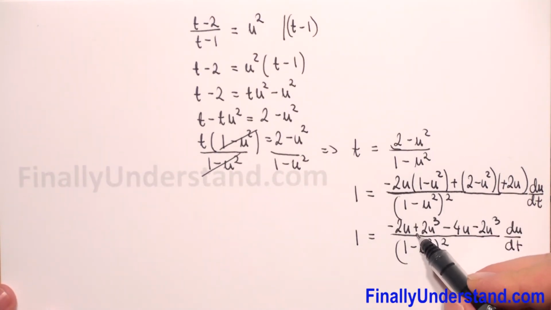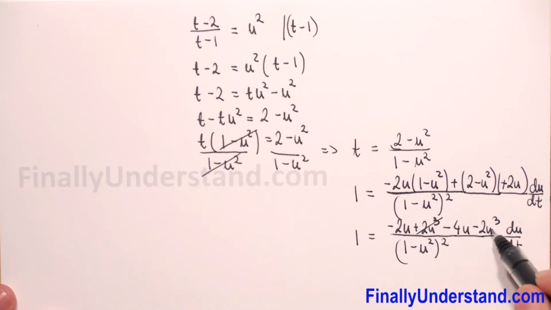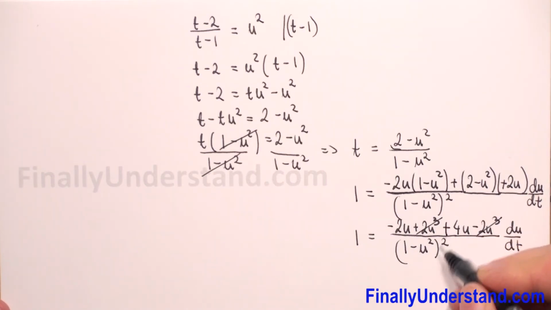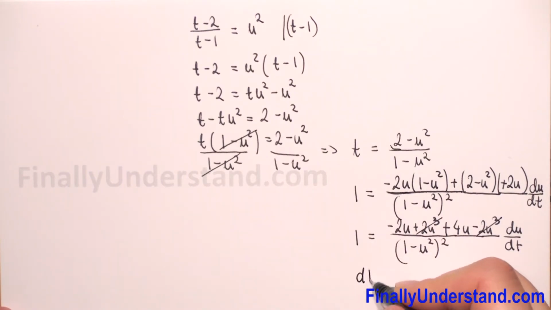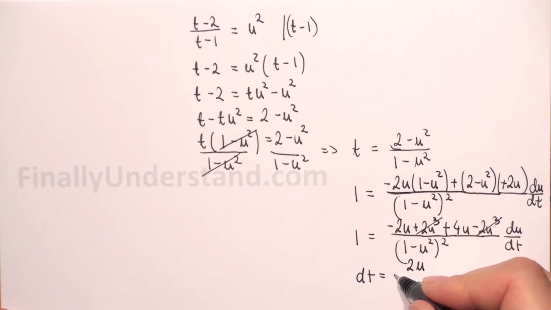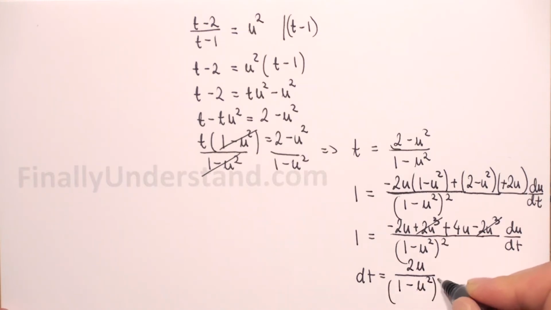Negative 2u cube and positive 2u cube we can reduce, so we have 2 times 2, so it's positive 4u here. So now I will multiply both sides by dt, so we have dt is equal to 2u over (1 minus u square) to the second power du.